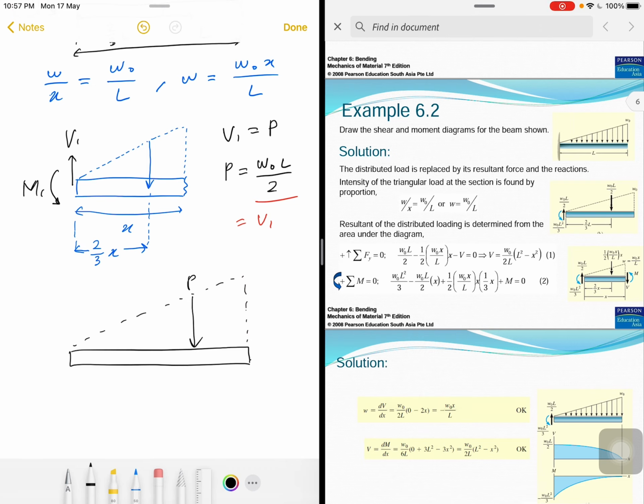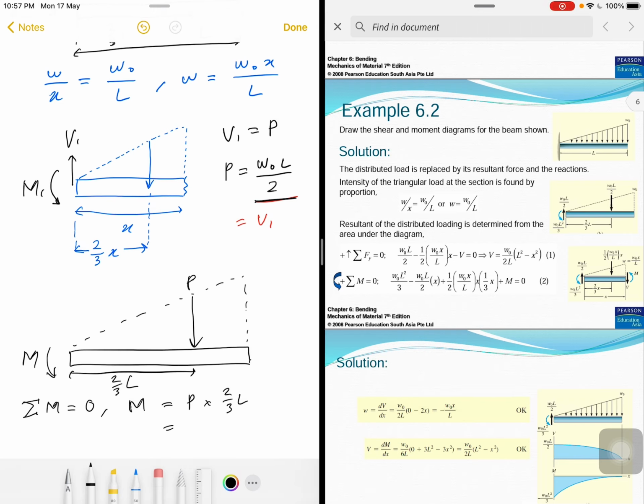So this is the P, and then we have the moment. So when we consider the moment, sigma moment is equal to 0, so we are in equilibrium. So M equals P times this length, which is 2/3 L. So times 2/3 L. We know P already.